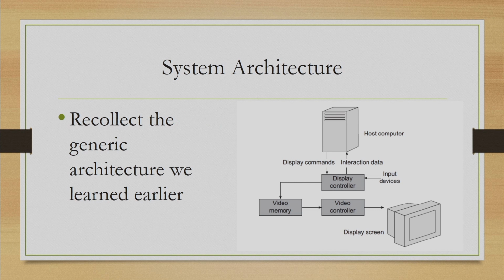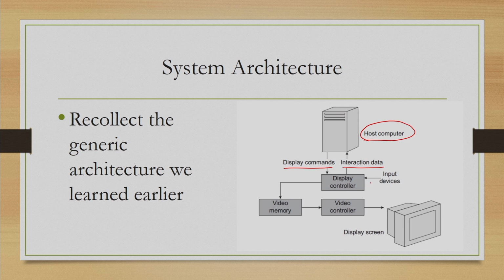So, if you may recollect, in the generic system architecture we have several components as shown in this figure. We have the host computer which issues commands and accepts interaction data.